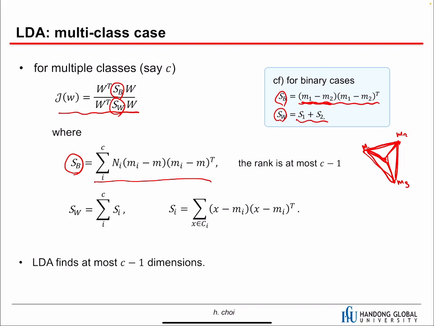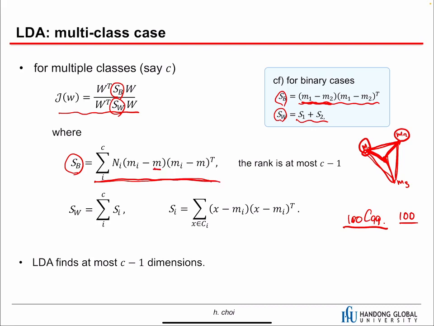But when we have like 100 classes, if we check the distance between all the pairs of mean vectors, that is 100 combination 2, a huge number of cases. But if we just calculate the distance between each individual class mean and the global mean, then instead of 100 combination 2, we have just 100 distances. That's why we define SB in this way.